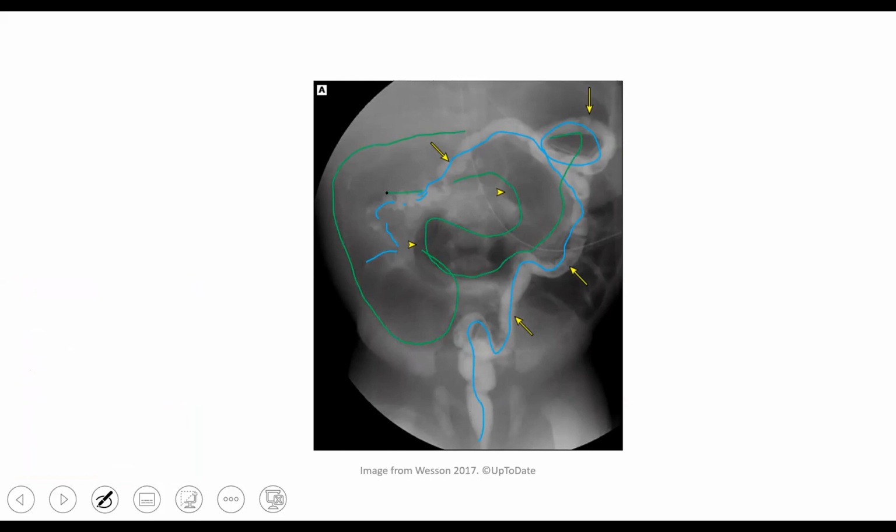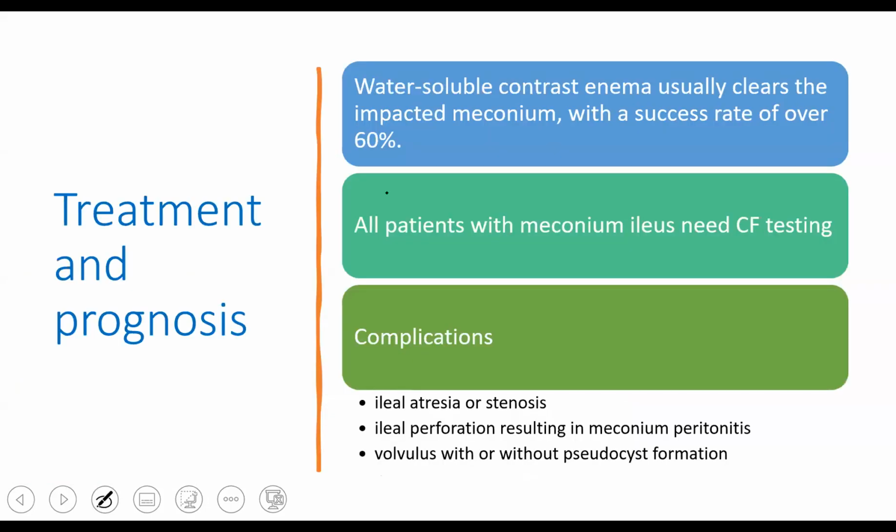Sometimes, if you are suspicious of ileal atresia, like this baby, they try to give a water-soluble contrast enema. So if your suspicion is very high, the baby has ileus or bilious vomiting, you did the upper GI, there's no malrotation, you did the enema, it appears there is a filling defect, so you think it could be meconium plug or meconium ileus, and then you notice that it goes all the way and ends at the terminal ileum.